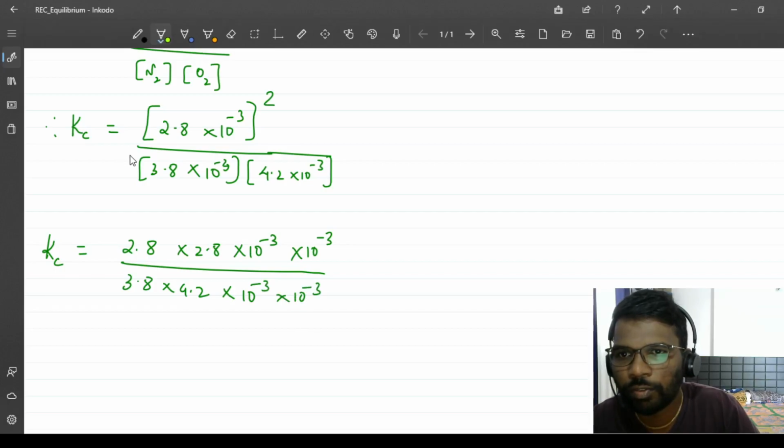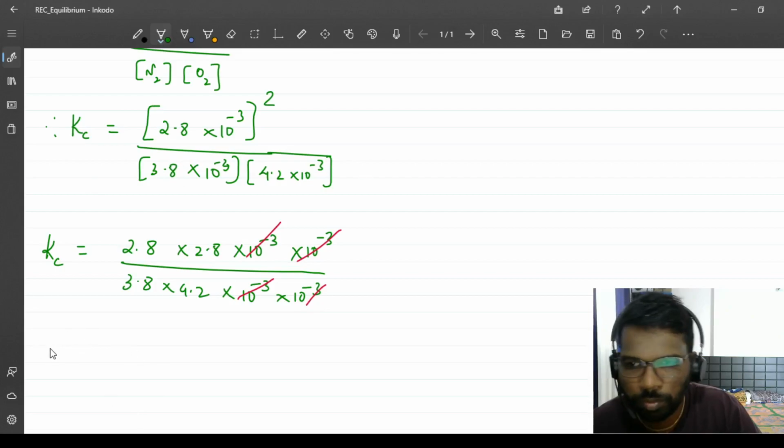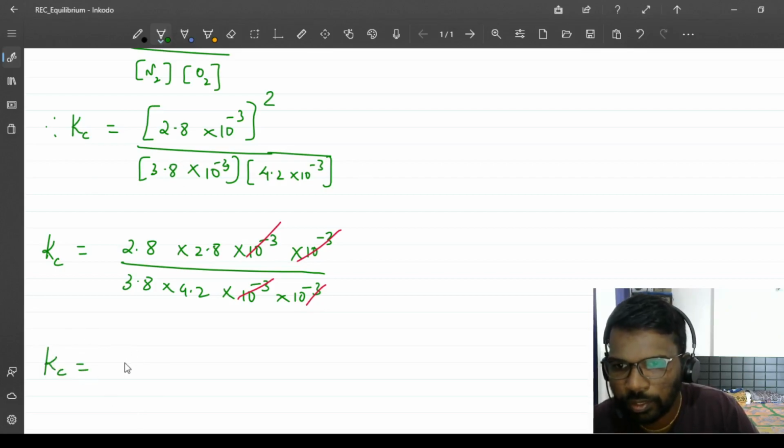So over here, if you see, the 10 raised to minus 3 terms will get cancelled. Now finally, what you have to deal with are these numbers. That is, Kc is equal to 2.8 multiplied by 2.8 over 3.8 into 4.2.